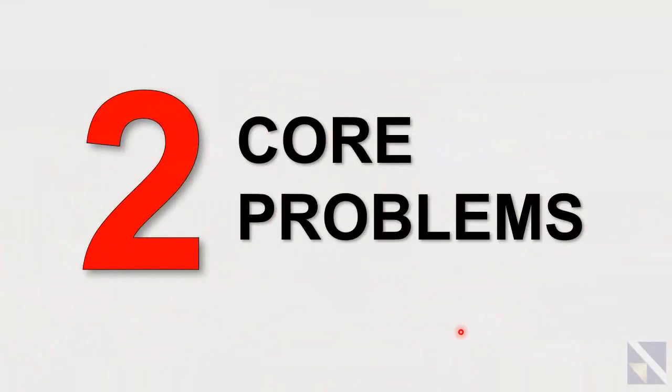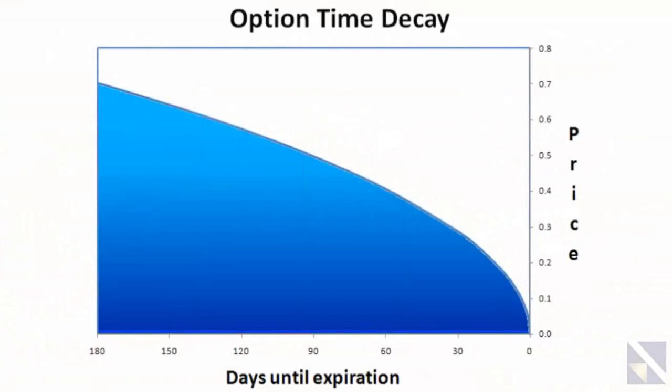So here are the two core problems that people make all the time. Number one involves a thing called time decay. What you're looking at here is what happens to the value of an option just because time goes by. Think about putting milk or steak on the shelf at a store.